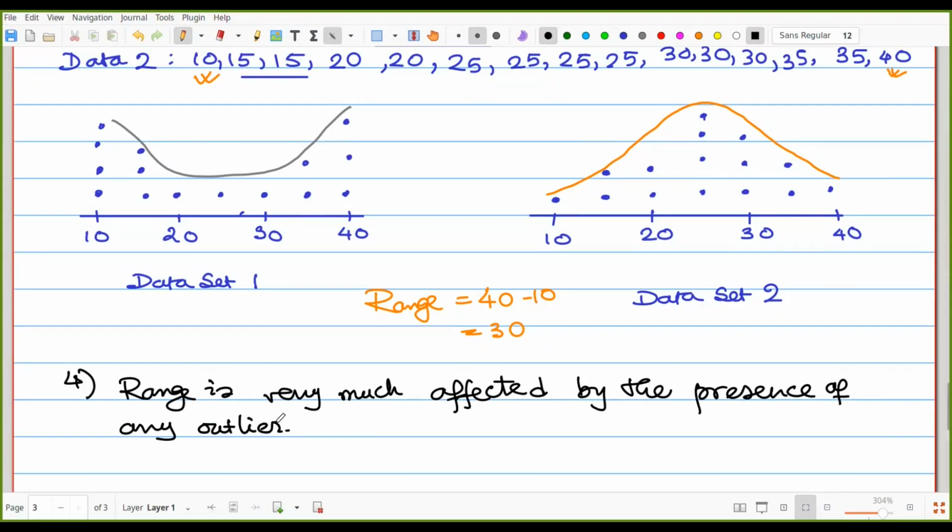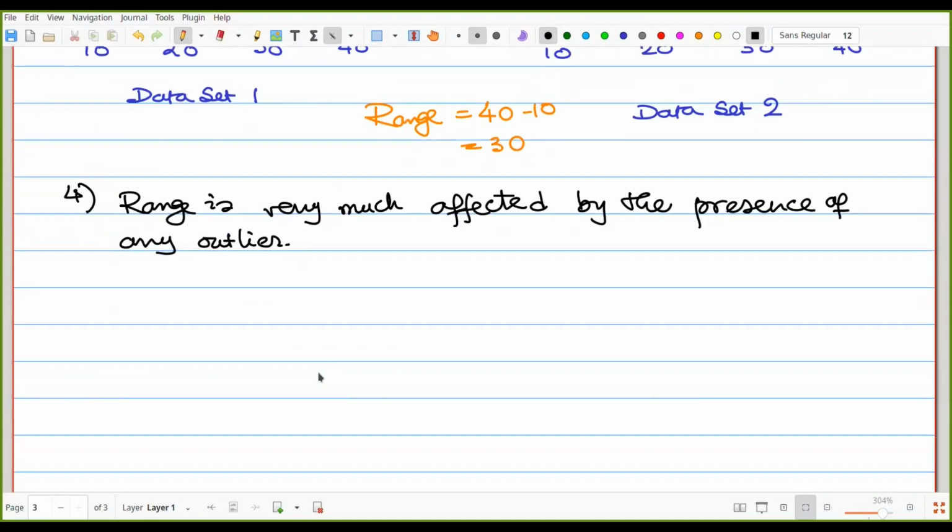You already know the term outlier. Suppose I write data like 10, 20, 30, 35, 40, 45, 50, then 5,000.